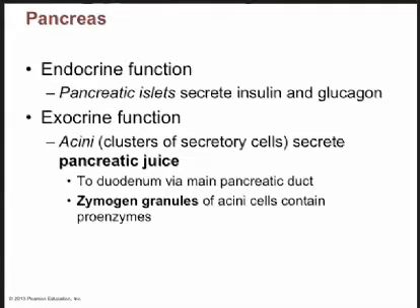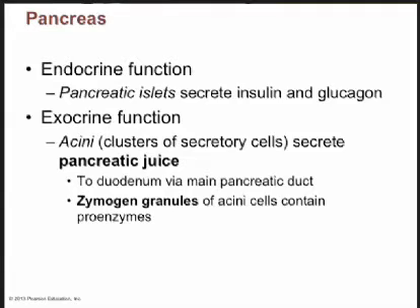So these cells secrete their components via vesicles into the pancreatic duct, and that's what carries it ultimately to the duodenum. Along the way, it's going to fuse with the bile duct that comes from the gallbladder. Now, remember that that's kind of the working definition of the difference between an endocrine and an exocrine organ.